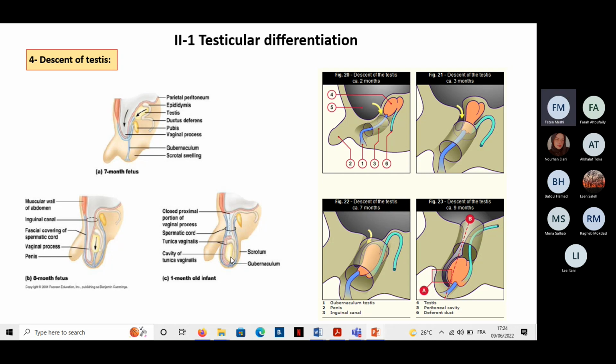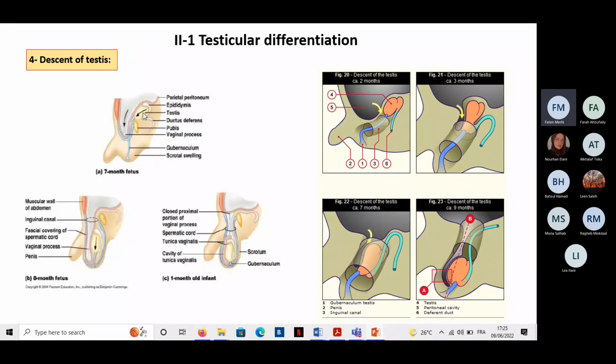So here we will have the descent of the testis, and this descent is important because if they are not descended, if they remain in the back of the abdominal cavity, this will create fertility problems. In fact, the testis should be in the scrotum because the temperature of the scrotum is 2 to 4 degrees less than that of the body.